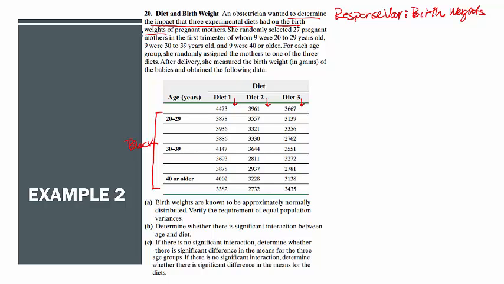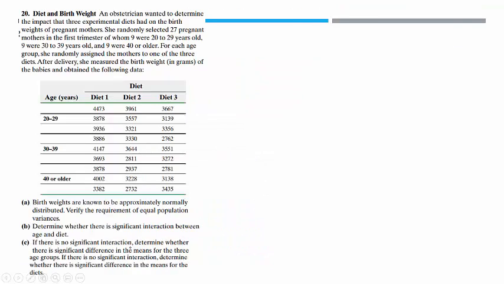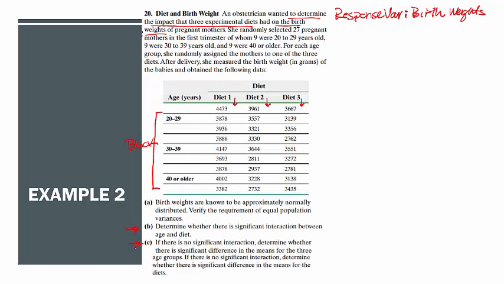Okay. And so jumping down to B and C, B says determine whether there's a significant interaction between age and diet. They're asking that first because we should always check that first.